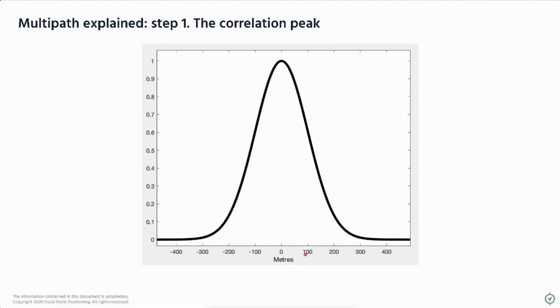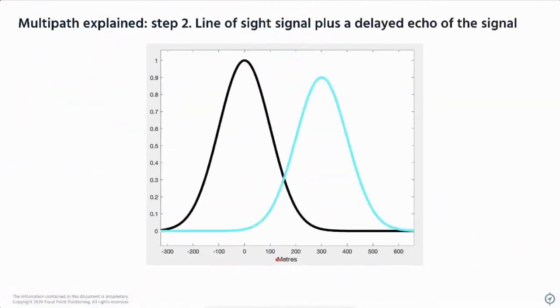So the first thing I'm going to do is give you a really quick whistle-stop tour of how multipath interference occurs in the first place, and then how supercorrelation solves it. So we start the story with the correlation peak we want, this beautiful, clean line of sight pulse that we've picked up from space. But the problem is that these radio signals bounce around the environment.